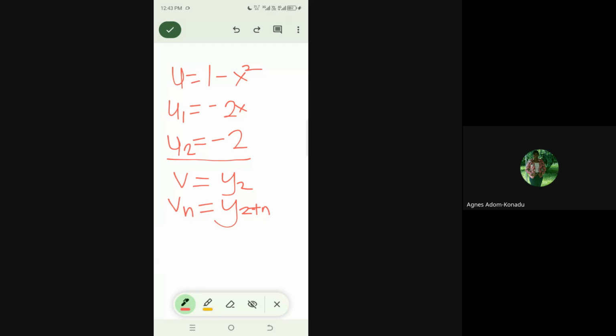When you find v_n, the next step I have to reduce my v by 1, so I have to write v_(n-1). When I do the same to the right, I'm going to get y subscript 2 plus n, which will be y subscript 1 plus 1 plus n.